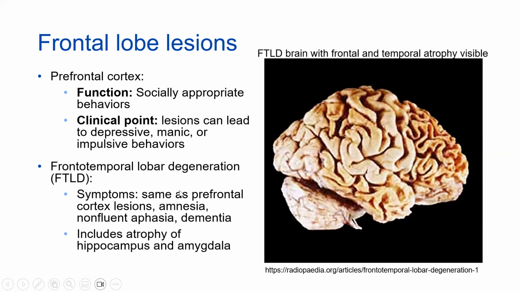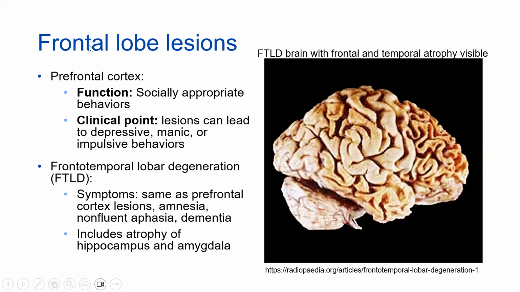And so here, patients experience the same symptoms as someone with a prefrontal cortex lesion would experience, as well as amnesia, non-fluent aphasia, and dementia. In addition to frontal lobe atrophy, it also includes atrophy of the hippocampus and amygdala, which we'll get into later.